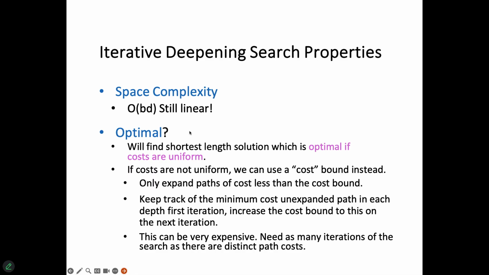And in terms of the optimality, it finds the shortest path if all the costs are uniform. And so, for example, in breadth first search, all the costs are uniform. So here the assumption is that we have unit cost edges, or unweighted edges, but if we have edges with different or varying costs, there is another strategy.